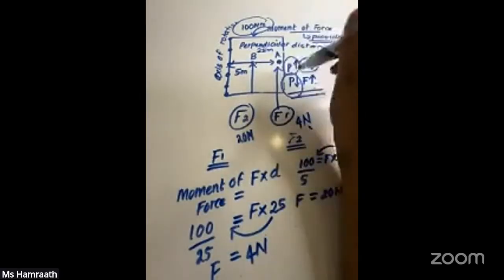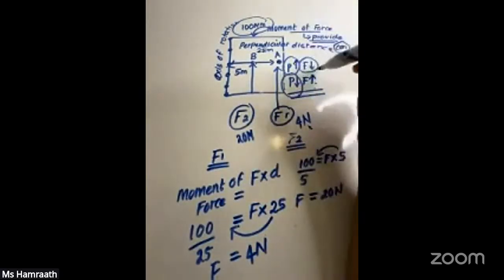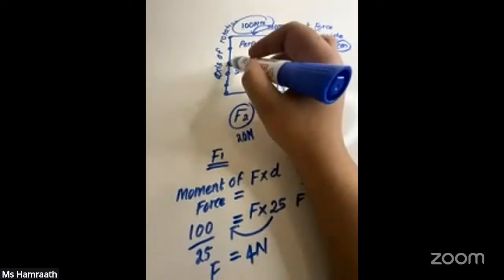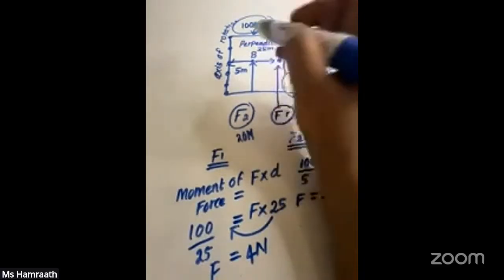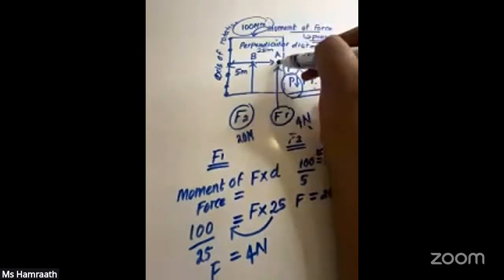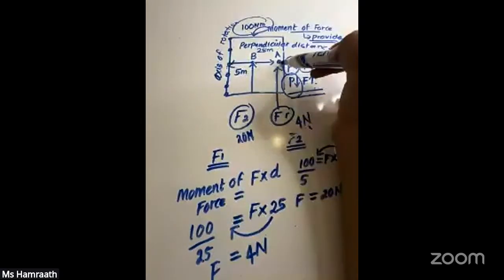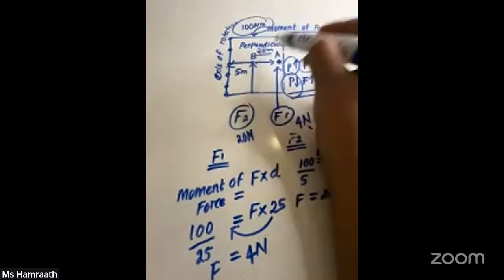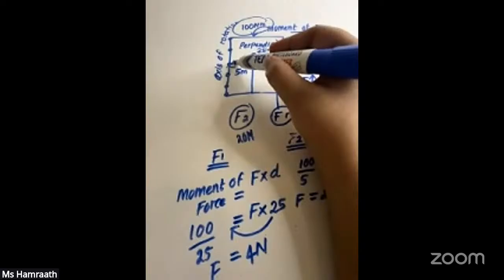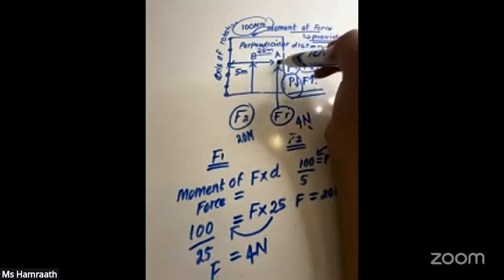If the perpendicular distance is high, I told you the force is less, right? So say, for example, from the axis of rotation to point A the value is 25 meter. That means the perpendicular distance from the axis of rotation to point A is 25 meter.